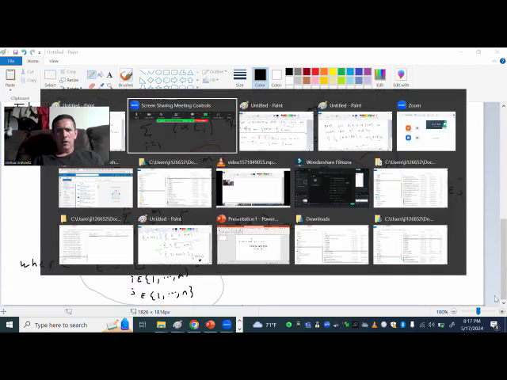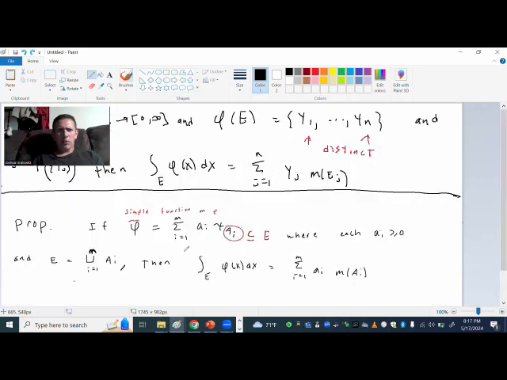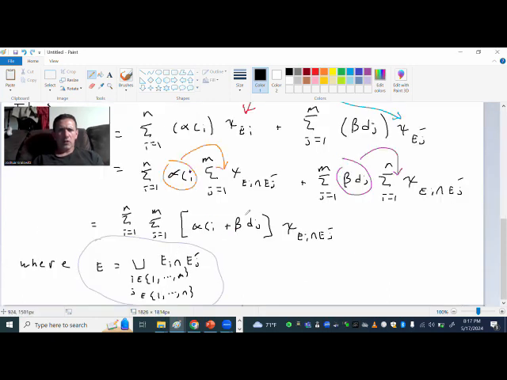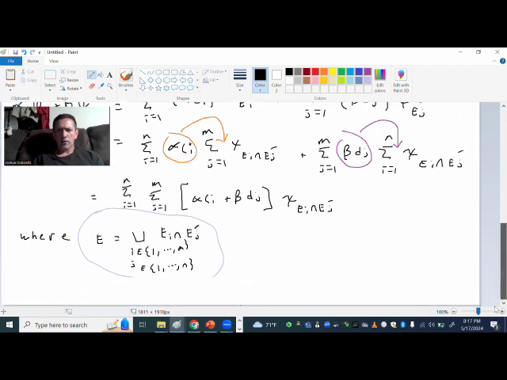Okay. So that means I can use this proposition. E is the disjoint union of all these sets. So there might be a whole boatload of repeats in these coefficients, but that is a-okay.